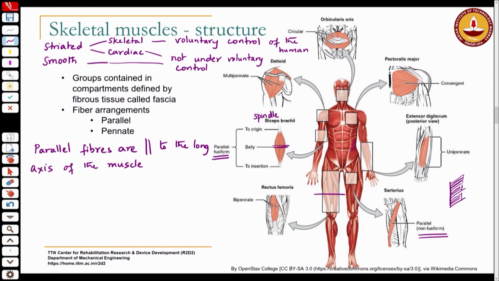And it is more or less flat. So, these are flat muscles, and these are again parallel fiber arrangement. You have a flat arrangement.